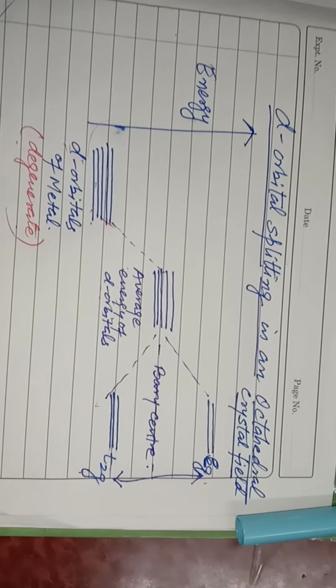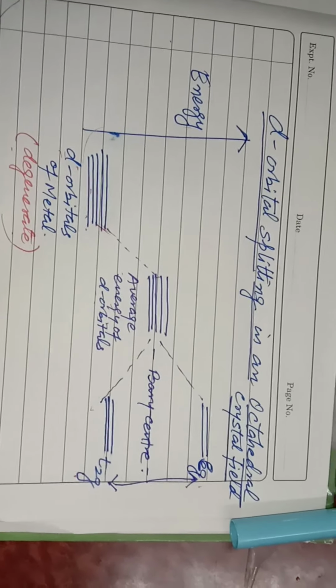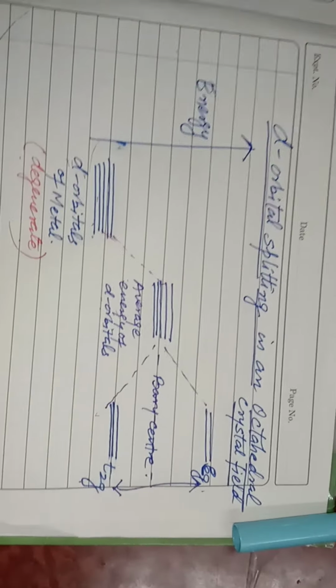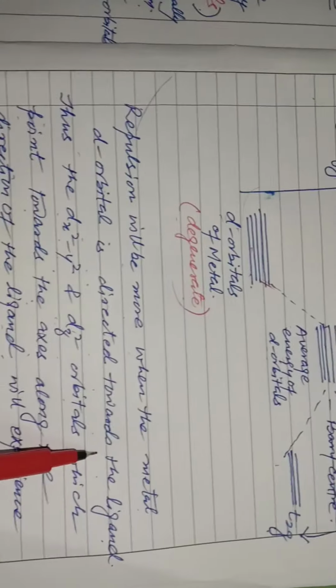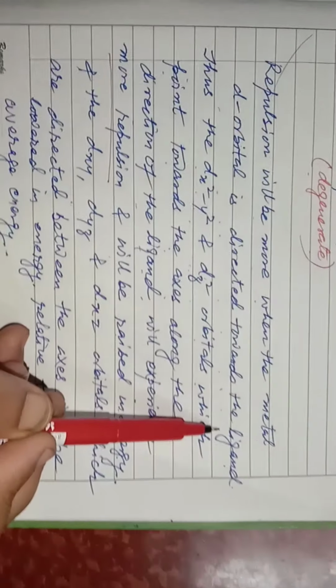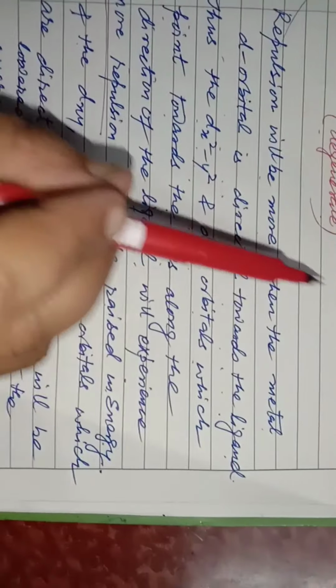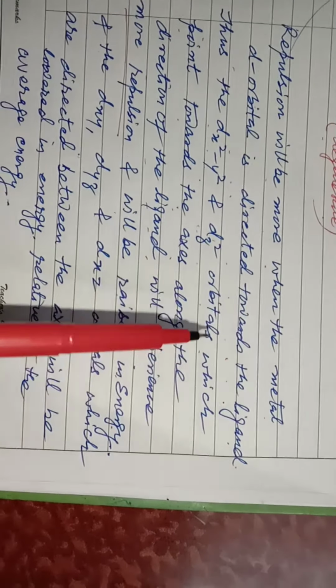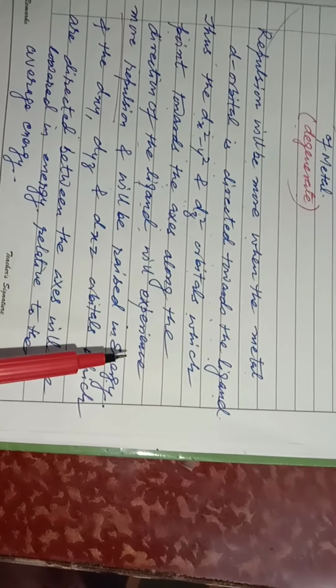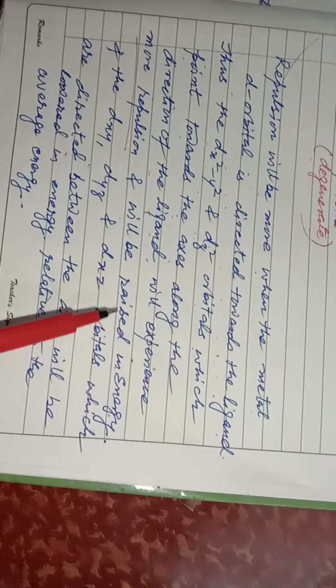As I told, the repulsion will be more when the metal d orbital is directed towards the ligand. One more important thing is that in octahedral complexes, the ligands approach along the axis, while in tetrahedral complexes, the ligands approach between the axis.